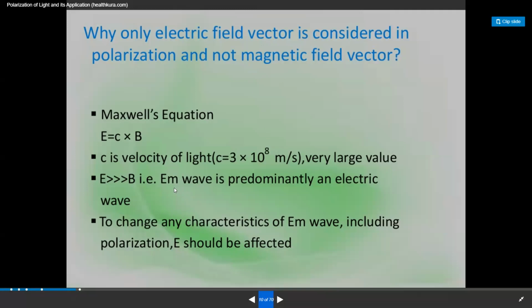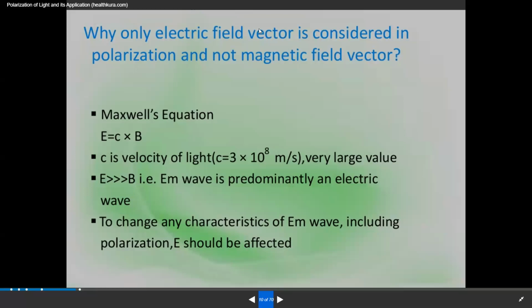So the magnetic vector is small compared to the electric vector, because the strength of the electric field vector is too high compared with the strength of the magnetic field.